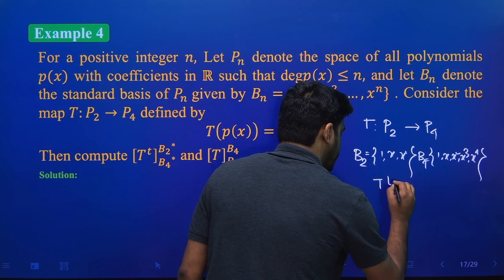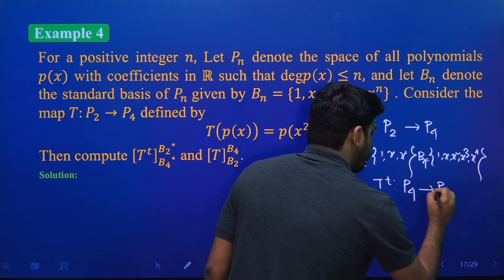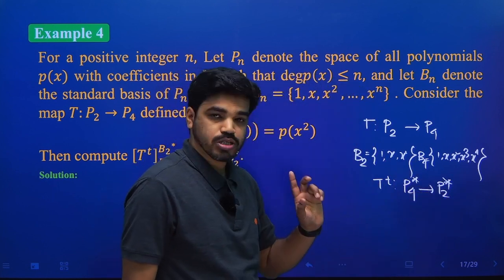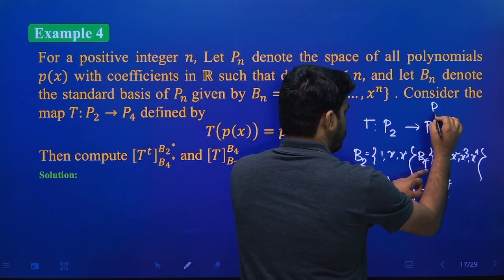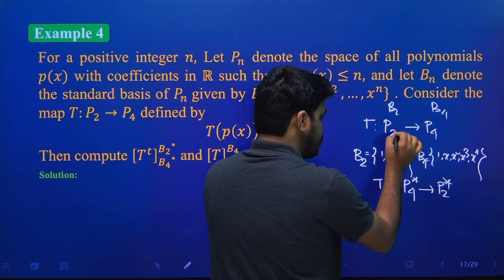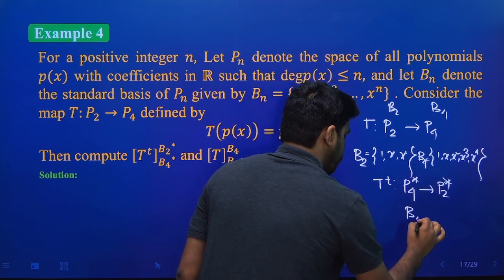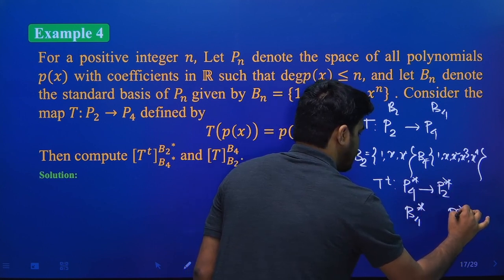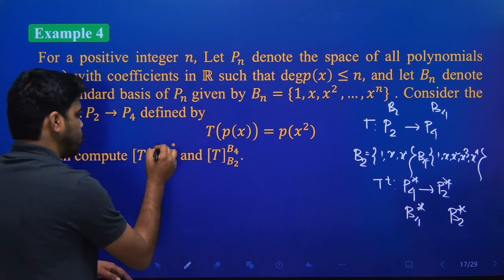That means T transpose is a mapping from P4 star to P2 star, right? So that's why we have to compute T transpose from B4 star to B2 star.